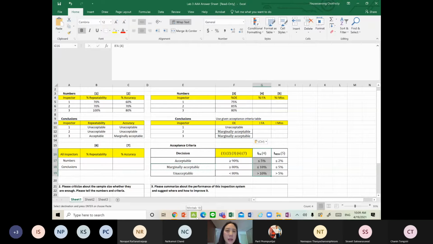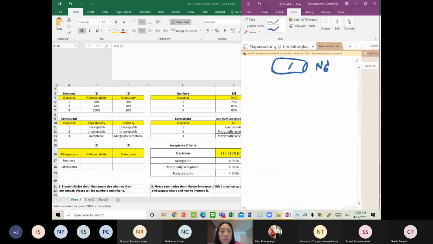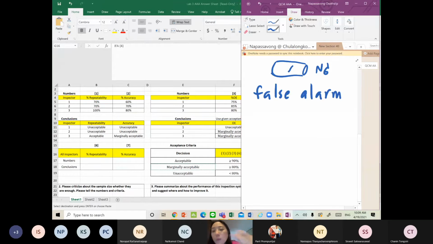FA means false alarm. False alarm means, maybe I'll write it down. False alarm means we alarm. That means we tell that the part is defective, okay? We judge that the part is defective, which means NG, right?